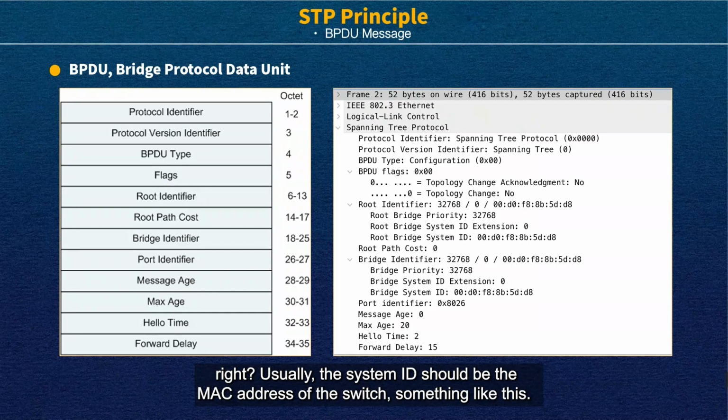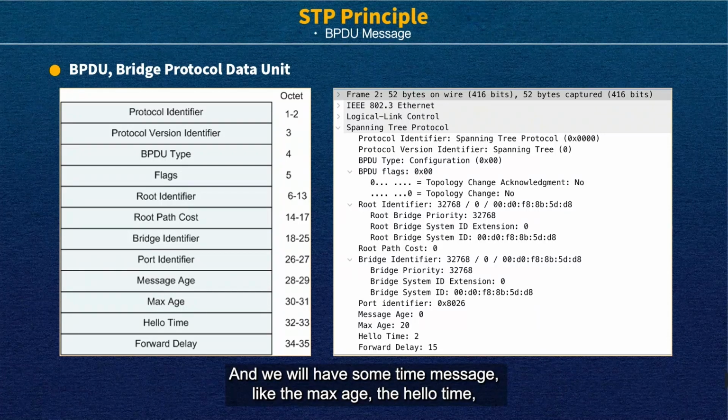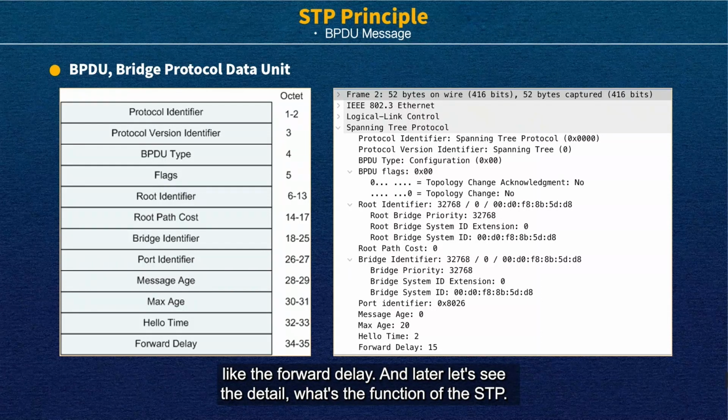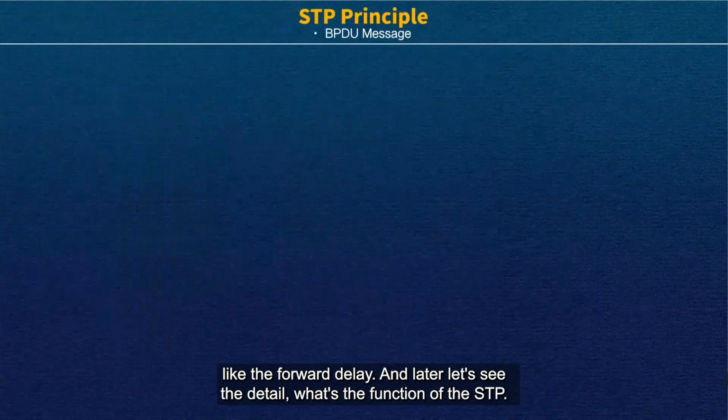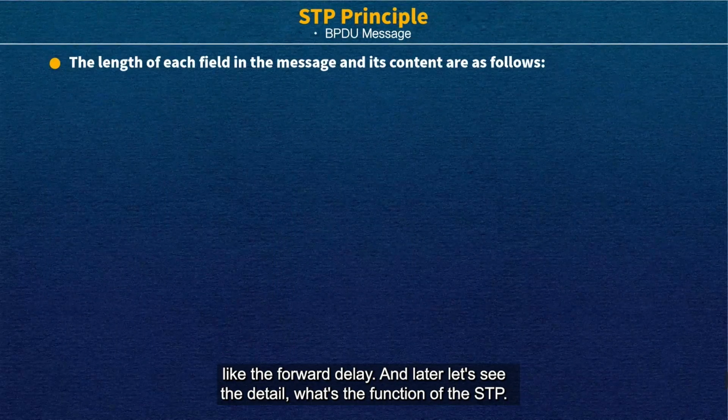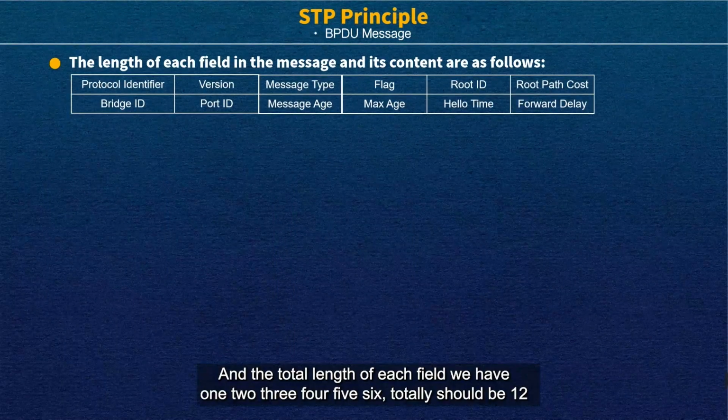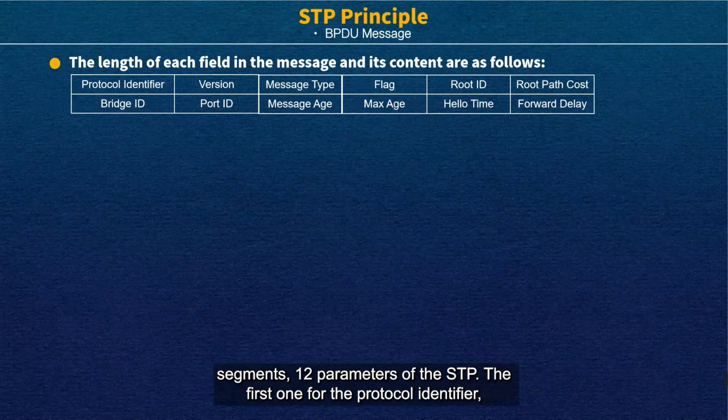And we have some timer messages like the max age, the hello time, and the forward delay. Later, let's see in detail what the function of each is. For the total length of each field, we have 1, 2, 3, 4, 5, 6, totally 12 fields, 12 parameters of the STP.